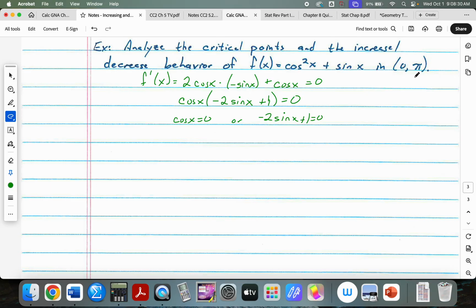On this interval, the only place where cosine is equal to 0 is at x equals pi over 2. Here, we would need sine of x to be equal to a half. And sine's equal to a half on this interval at x is equal to, let's see, pi over 6. And x is equal to 5 pi over 6.